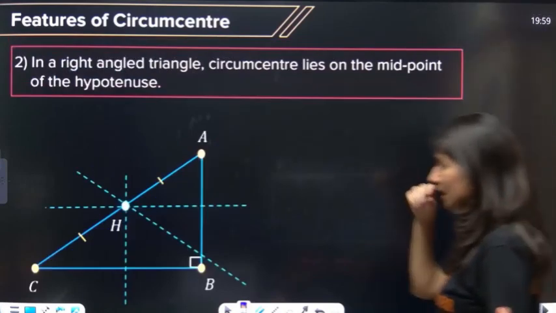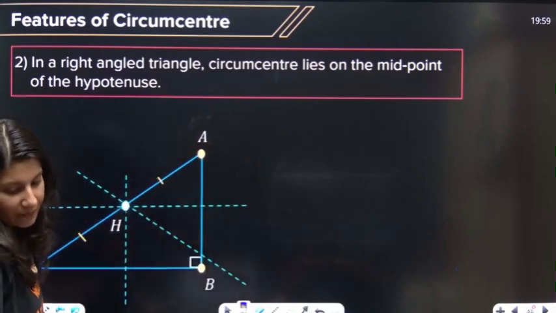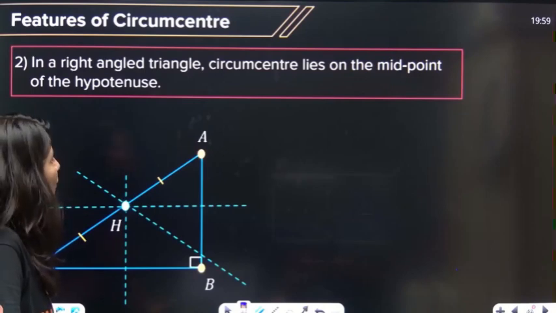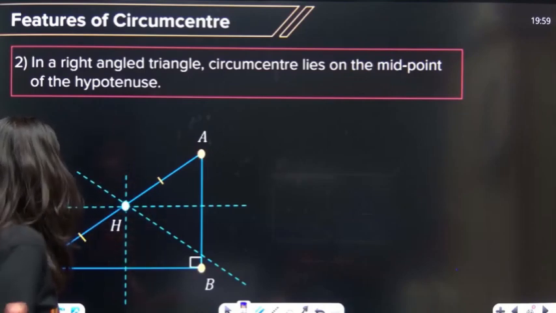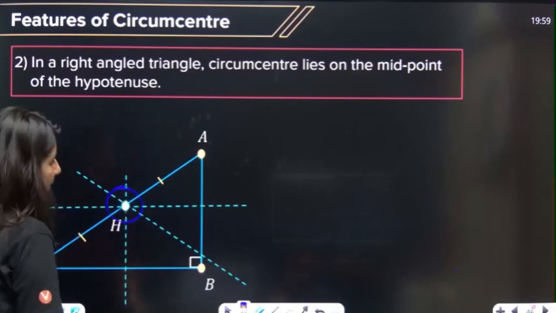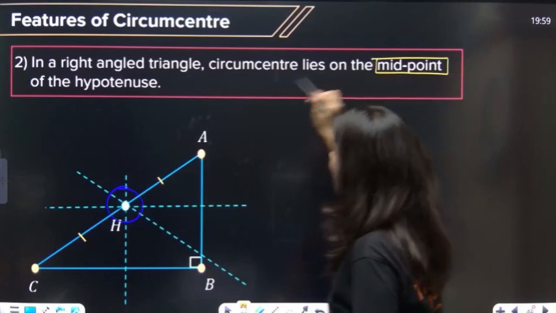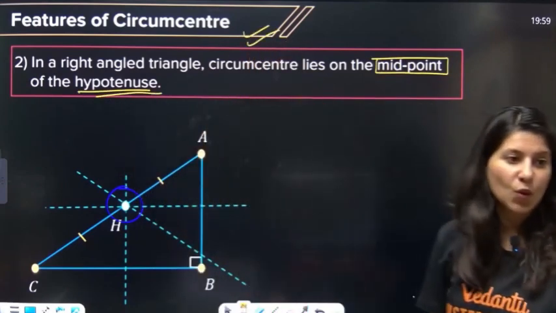And one more very important thing. For a right angle triangle, the midpoint of the hypotenuse is nothing but the circumcenter.